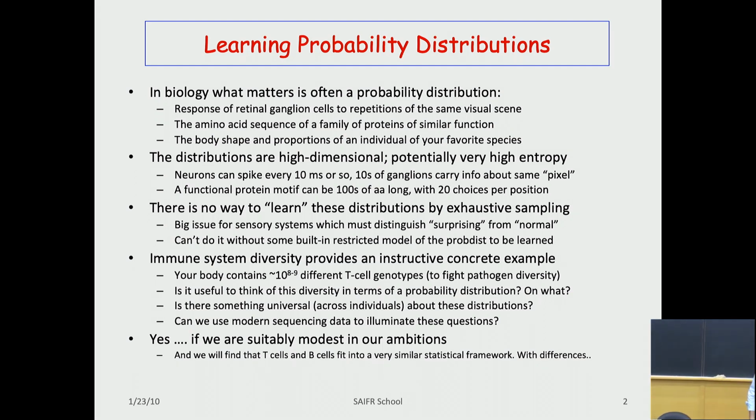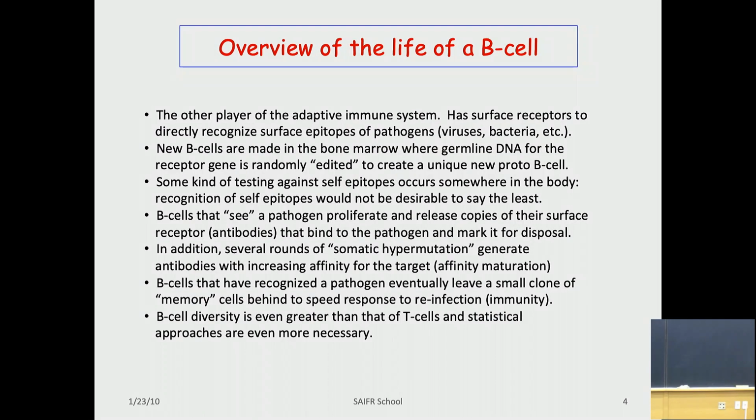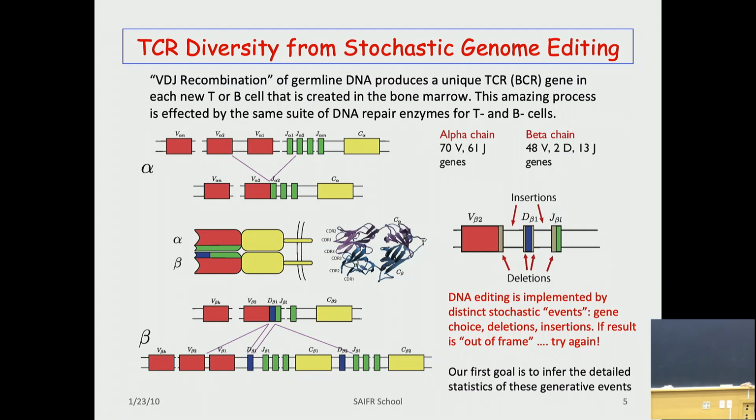On the other hand, the way things are going, one knows how to collect data in quantities large enough that you could begin thinking about understanding in some quantitative way the probability distributions of biological entities. So what I talked about yesterday was an approach to the probability distribution on the sequences of the T cell and B cell receptors, the genes that confer recognition specificity on the central cells of the immune system.